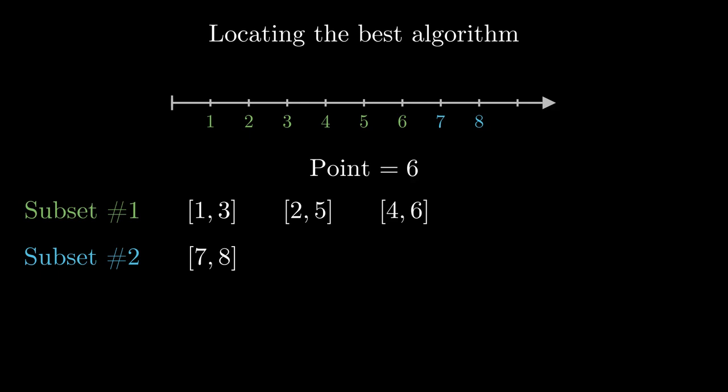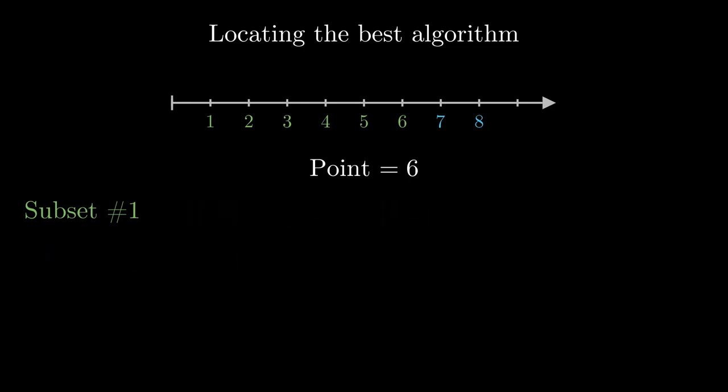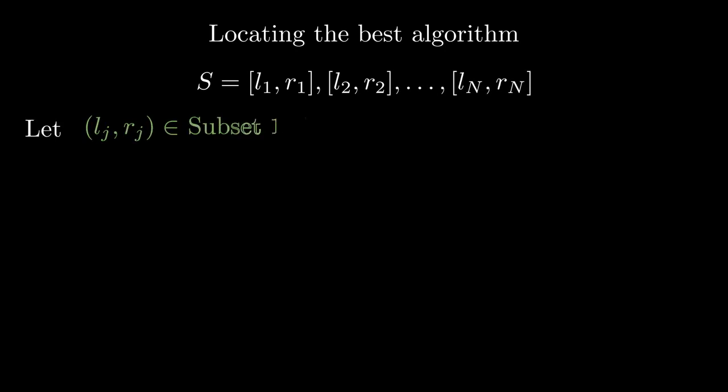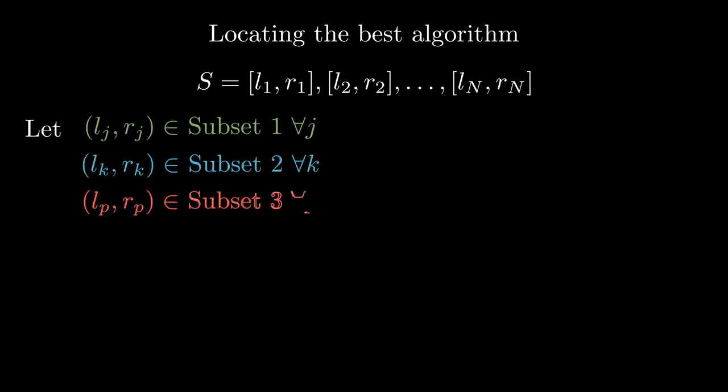Assuming that subset number 1 can have the point as its rightmost end, as shown in the example, we can consider all the possible rightmost ends for all subsets. And here is where we hit the jackpot. There are at max n unique rightmost ends for all possible subsets. These are just the right endpoints of every range.